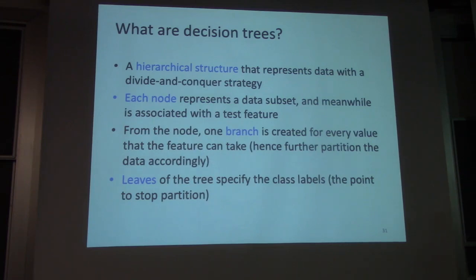How do we partition the data? For each feature value on the node, we just create a branch. The branch is created for every particular value that feature can take. So every data sample in the current subset whose feature value takes that specific value will be formed into a new subset.